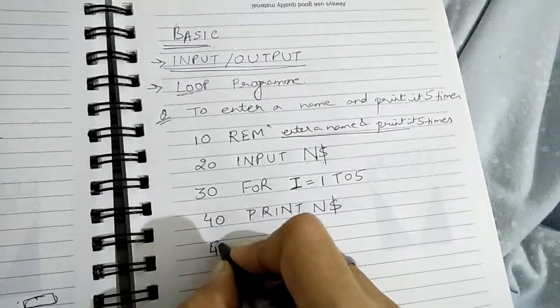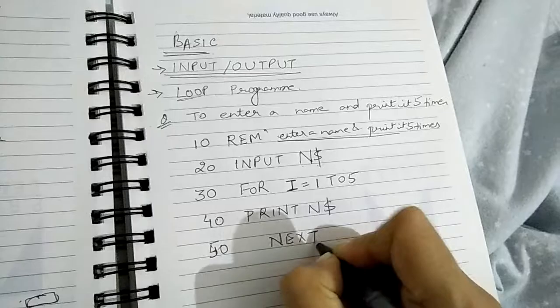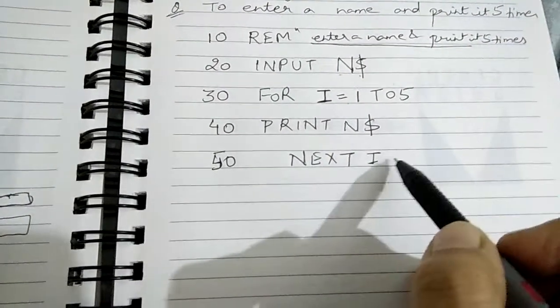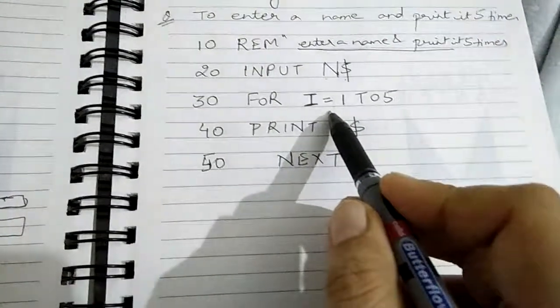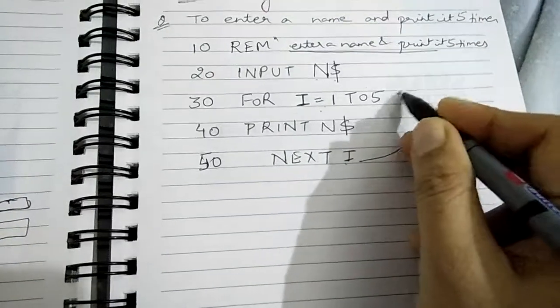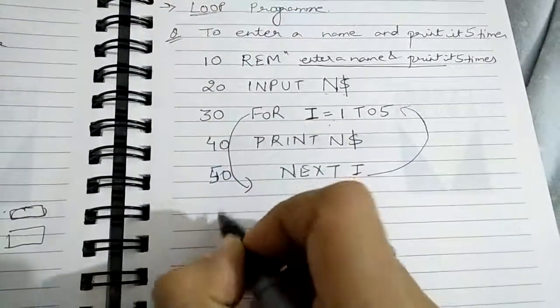And this is the syntax. NEXT I: this will increase the counter value. When the counter value is 1, it will print the name, and next time, increasing the value of the counter by 1, it will be 2. Then it will go back to line number 30 and it will keep on moving like this.